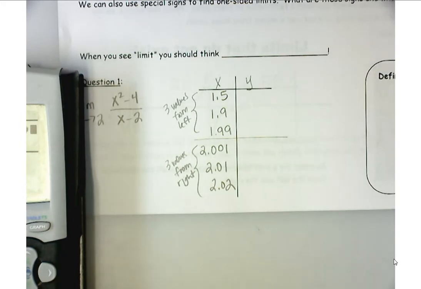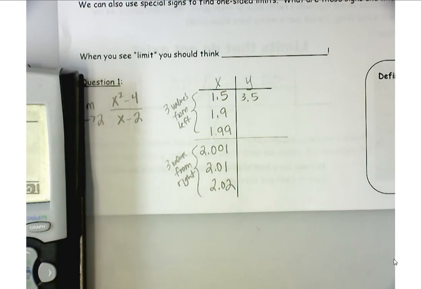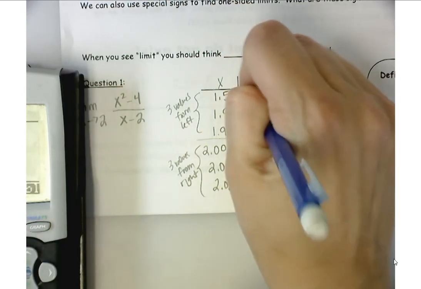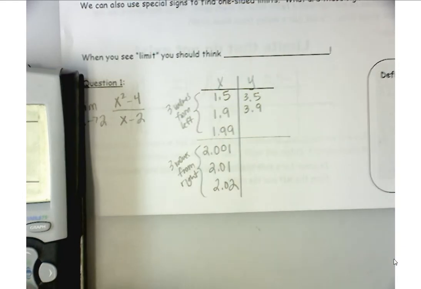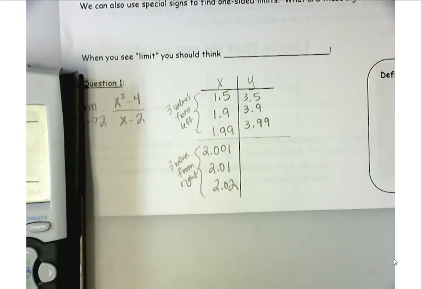Okay, and then I like to find them using my table set because I can start that wherever I want. So if I start that at 1.5, I can see it's 3.5. Okay, I could also make this go by 0.1 and it would take me to 0.9. So 1.9 is going to be 3.9. And because I went by 0.01, I can actually just scroll down. You can also use the value function in your graph if you prefer that.